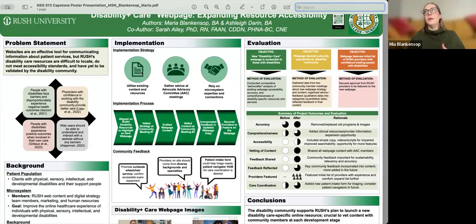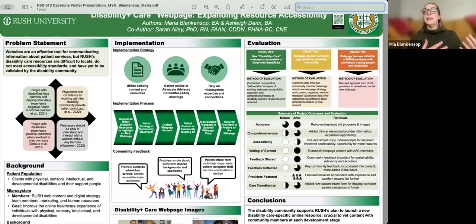But in order to advertise those relevant resources, we realized that we really needed to get together with the disability community itself. And that's what Dr. Ailey was talking about at the top with her introduction: I am not a member of the disability community, and so what I thought they might need might not necessarily be what they think they need. We wanted to be very careful that we weren't limiting what we were advertising to people with disabilities about what Rush has.